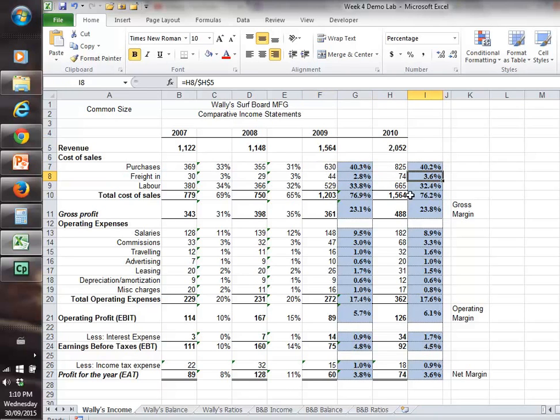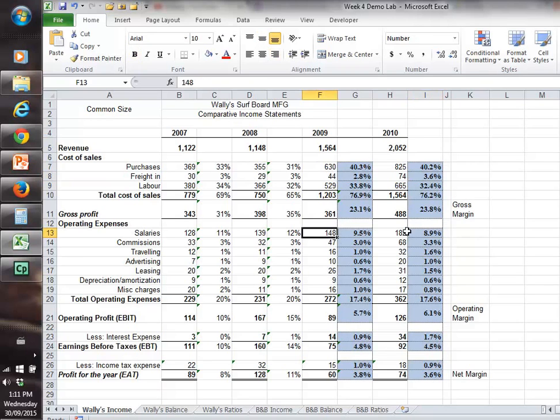That's a bit extreme, I think. And good thing is the labor came down a bit, so wonderful. Freight in might be a bit of a concern, something we'd have to look at down the road or even this year and review our freight in contracts and that sort of thing.